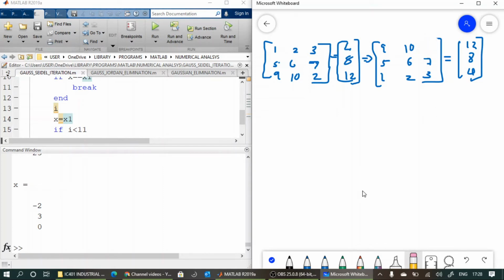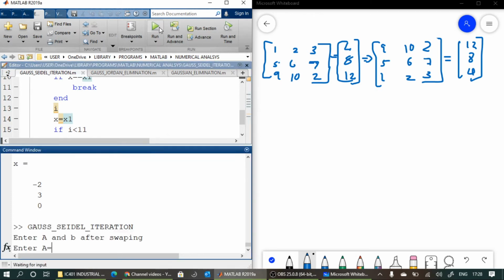At that point, check whether this swapping is working or not. So 9, 10, 2, 5, 6, 7, 1, 2, 3, and 12, 8, 4, a column vector.